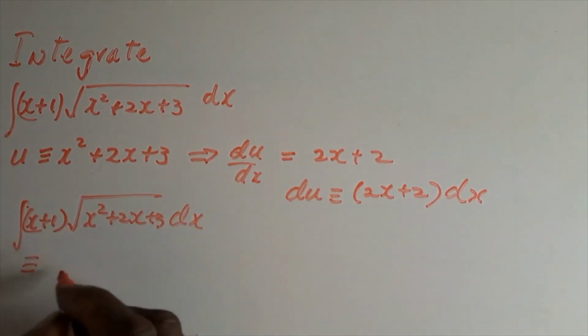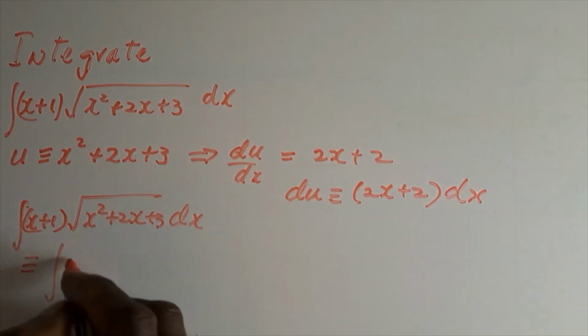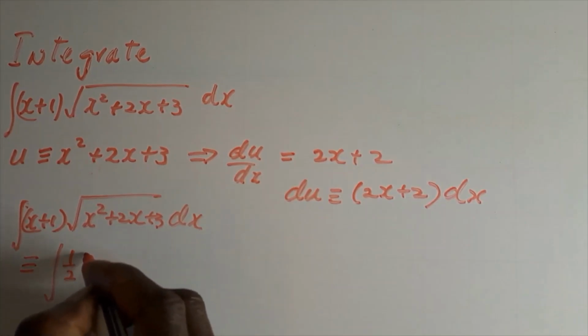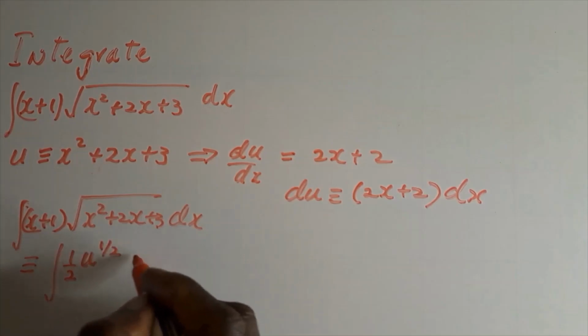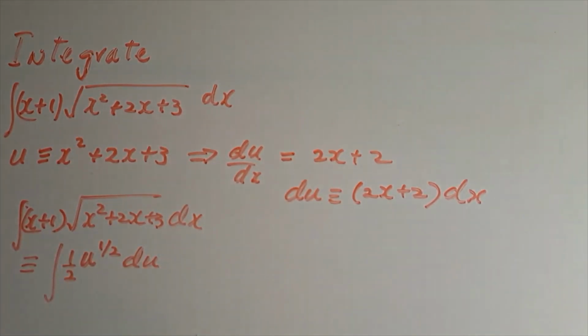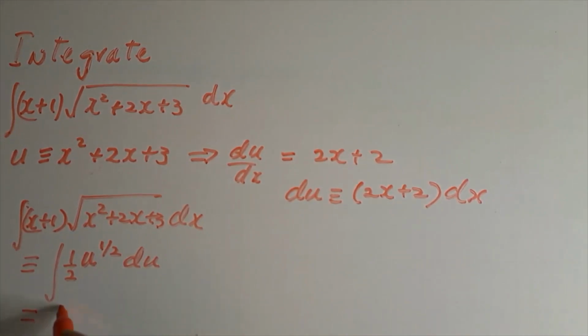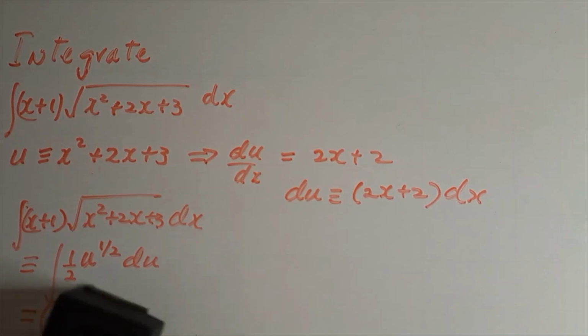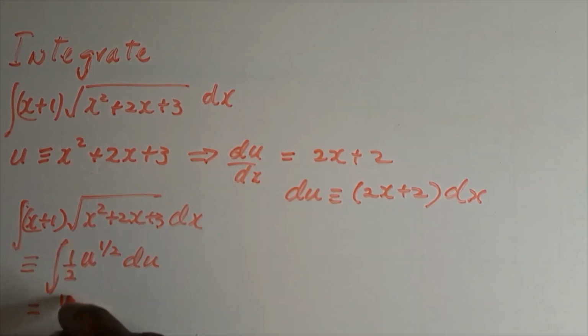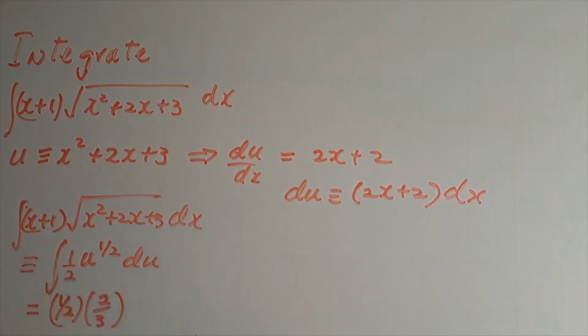And this is equivalent to a half u raised to the power of a half. We can write this as integrated to give us a half times two over 3, now we have the root of u cubed.